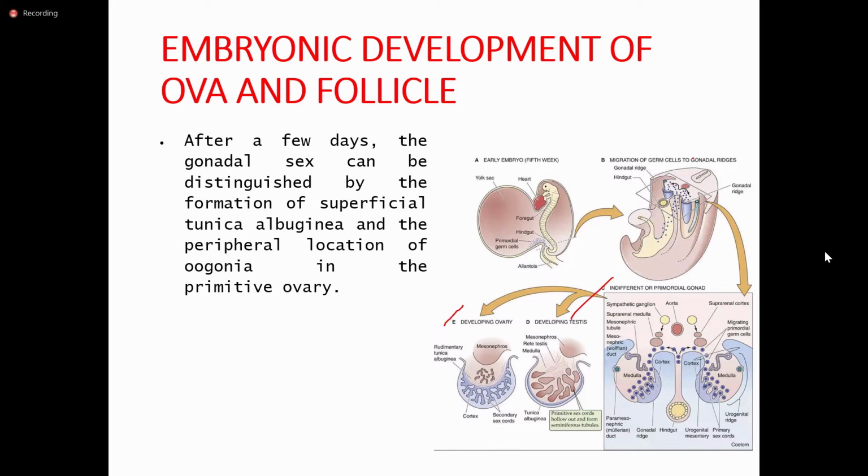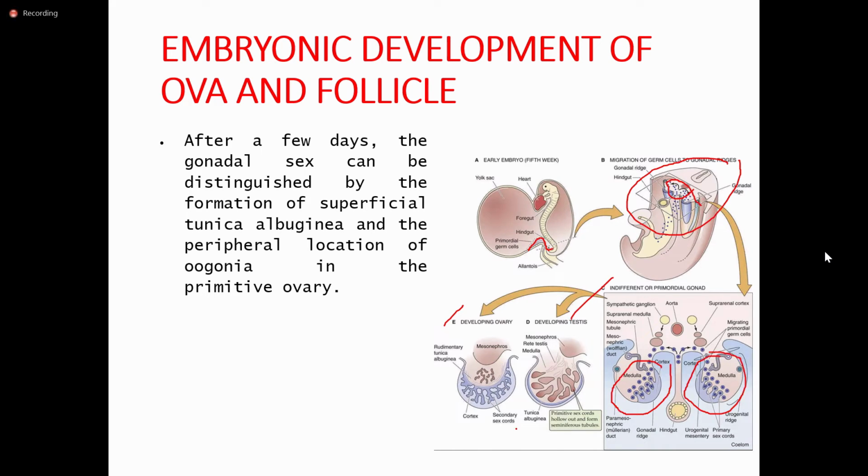So nanggaling na sila kay yolk sac, pumunta na sila kay genital ridges, and then nag-migrate na sila sa mga sex cords. So this is indifferent, no? Nandito na yung inyong mga primordial germ cells.